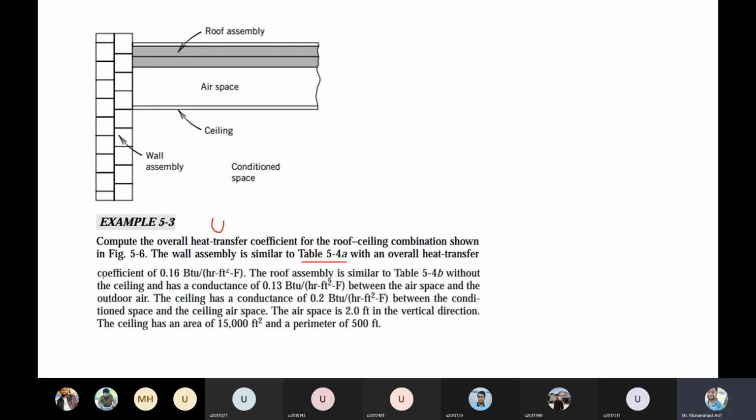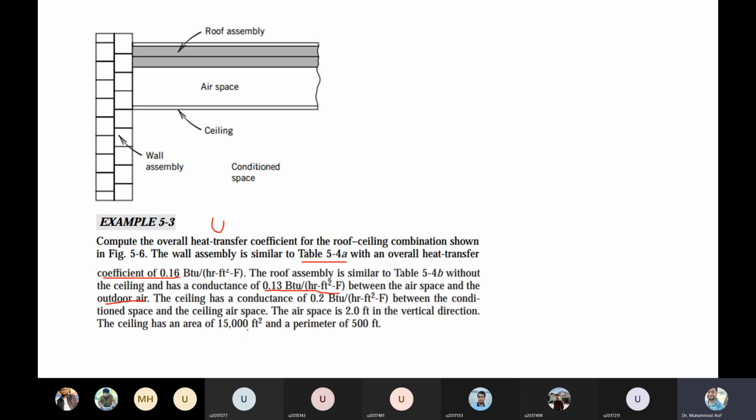So basically the conductance for the wall is given, right? Similarly, the roof assembly is similar to 5-4B. So the roof is the same as I showed you in the previous slide without the ceiling, and has a conductance given between the air space and the outdoor air.